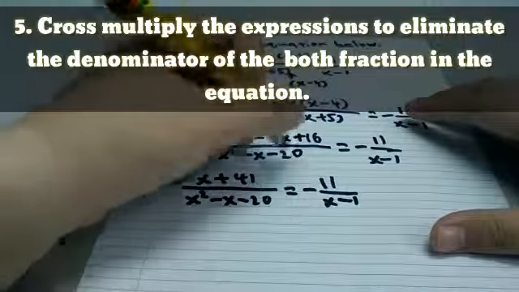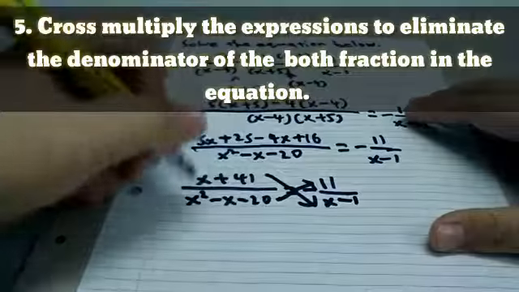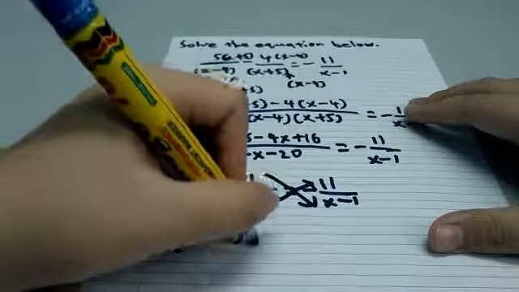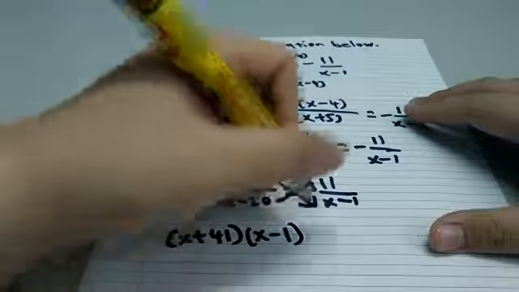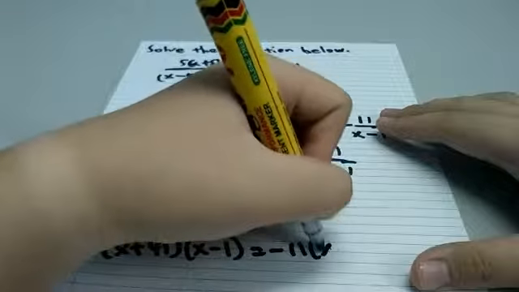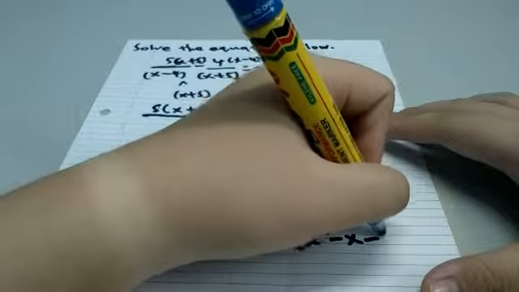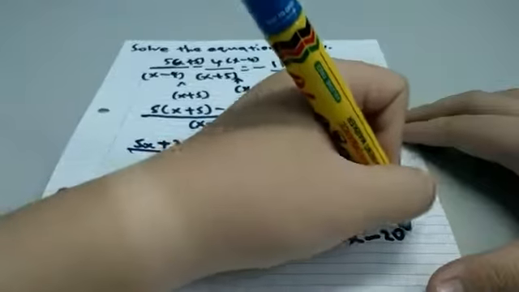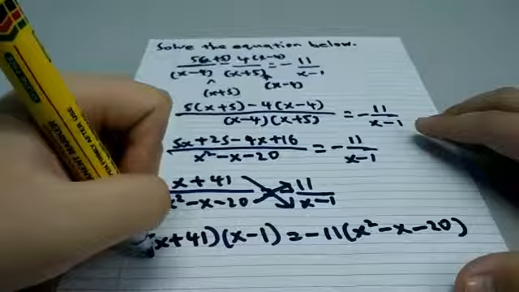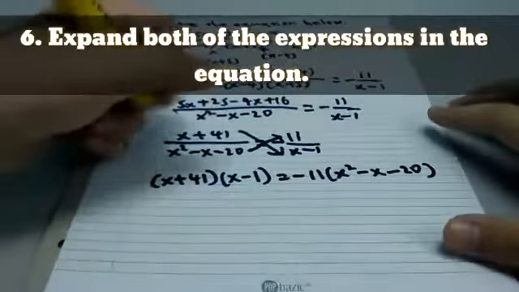And what we are going to do is cross multiply, so we will get x plus 41 times x minus 1, which is equal to negative 11 times x squared minus x minus 20. Then we expand both of these expressions.